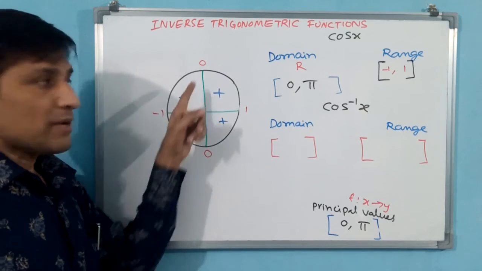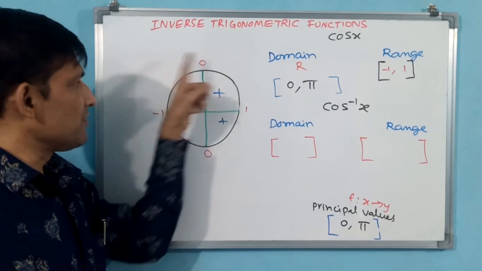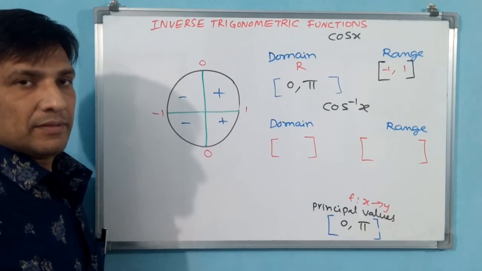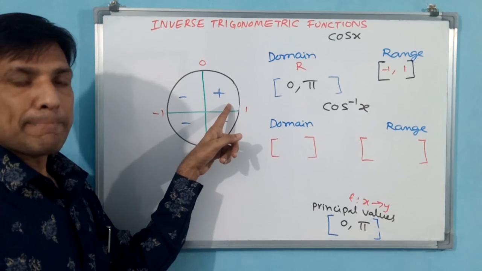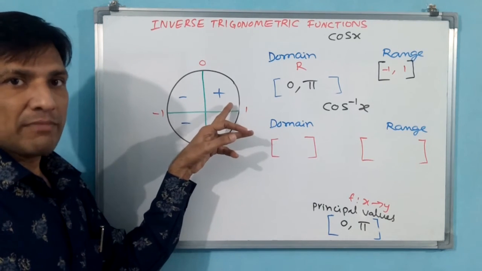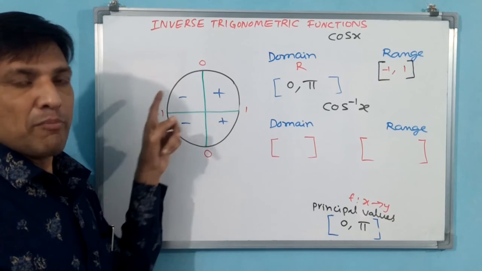Now 0 to pi is there for cos. What about 0? You can take pi by 2, because this is between 0 to pi. What will be root 3 by 2? It will be pi by 6, because root 3 by 2 comes at 30 degrees. What will be minus 1 by 2?